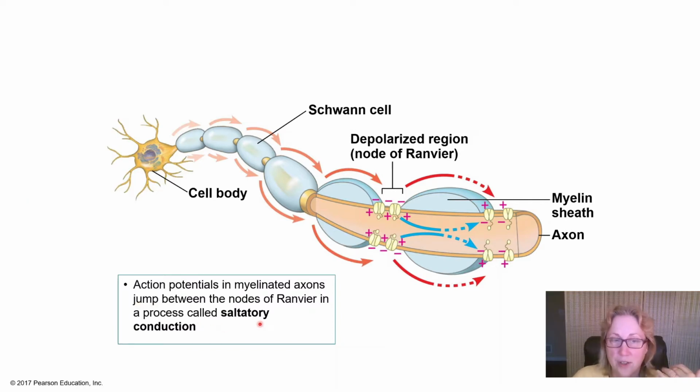And this is called saltatory conduction because salt, that prefix there in Latin, means jump. So it jumps from node to node to node, and so that speeds up the process.